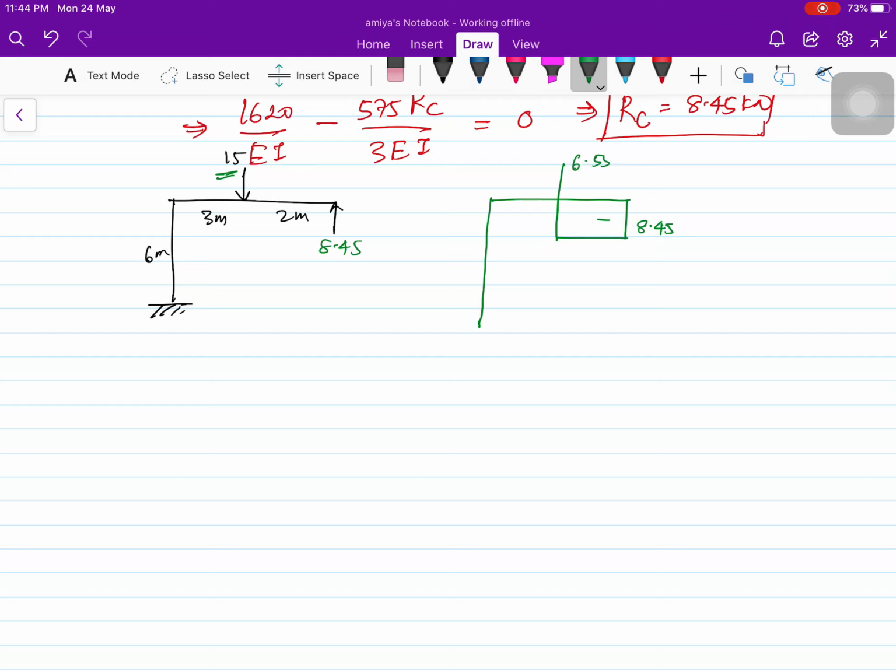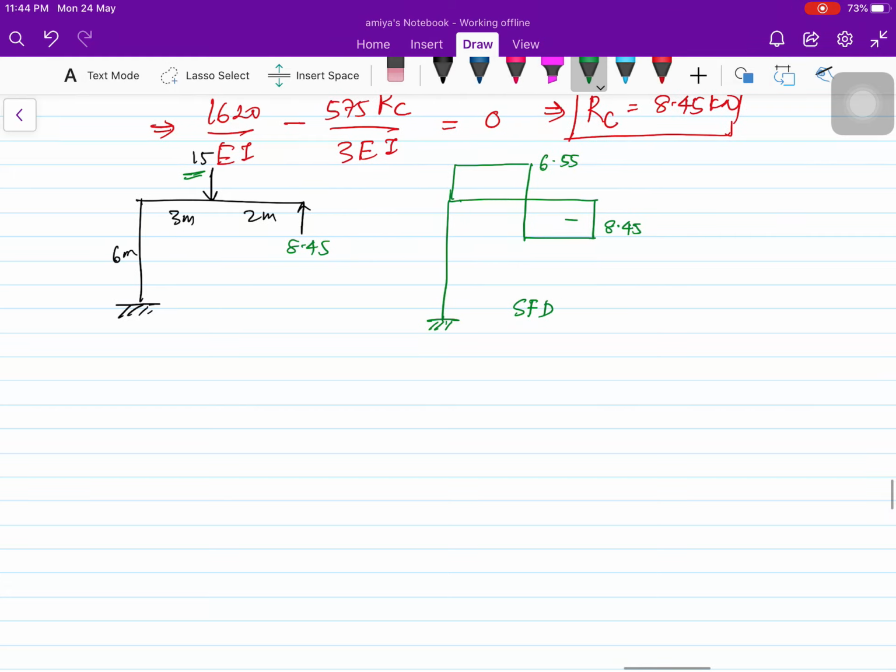Okay, so this is minus 6.55. So this is our shear force diagram, and we can have this as our axial force diagram, in which we have this 6.55 force for this member.